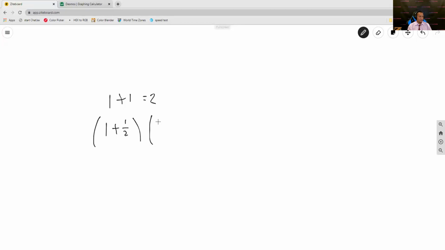Then the other half, they're going to do the same thing. They're going to pay him whatever he has, which is 1.5, because 1.5 times 1 is 1.5.